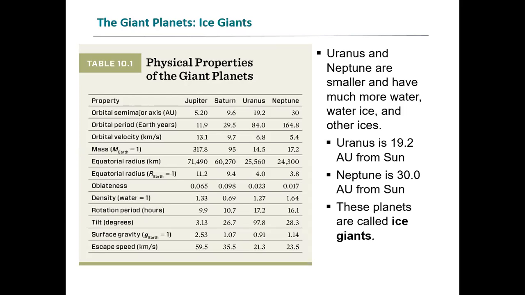They usually call it negative 97.8 degrees because it literally just lays over on its side and is sort of spinning backwards. So that leads to half of a Uranus year, which, as you can tell from this table, is about 42 years, being spent with the northern hemisphere of Uranus in sunlight, and the other half spent in complete darkness, or nearly complete darkness. So that's some crazy things that happen with these planets.